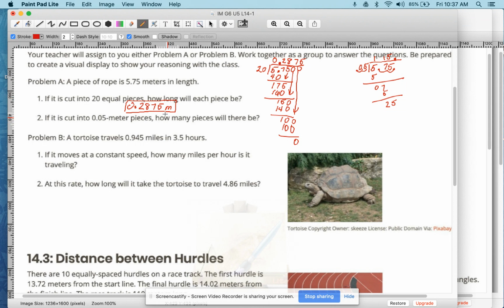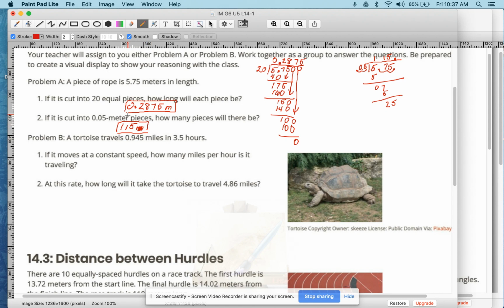So if I cut 5 7/75 meters length of rope into 500th meter pieces, I am going to get 115 pieces. All right, that's not meters anymore. It's how many pieces will I get.